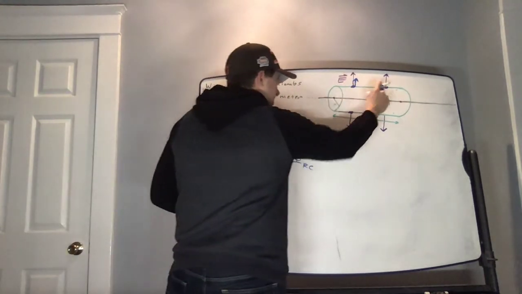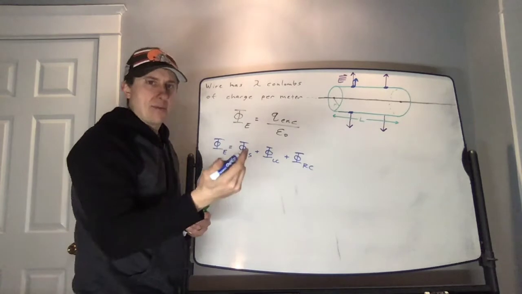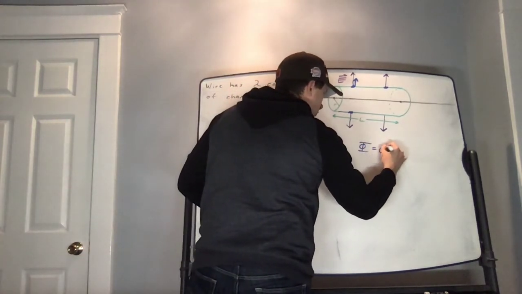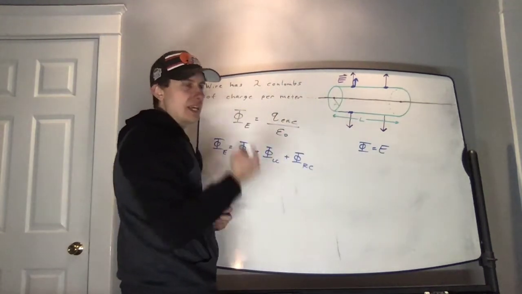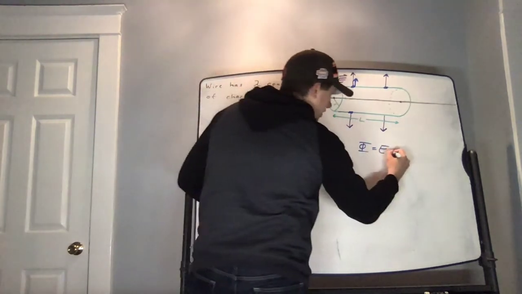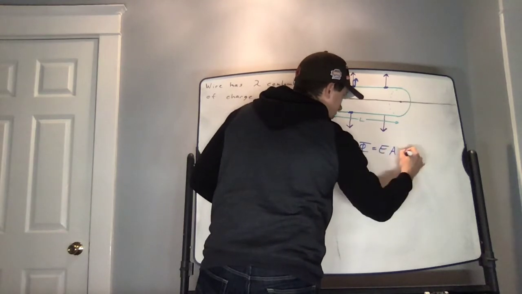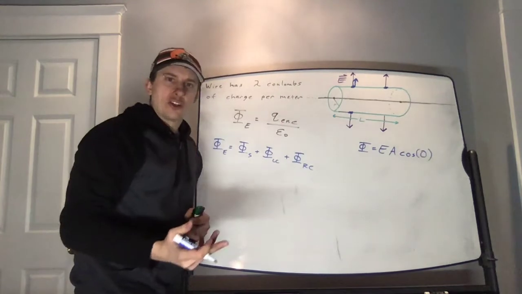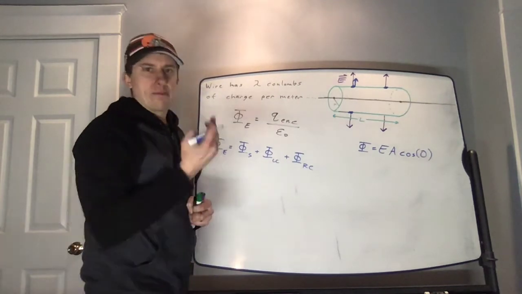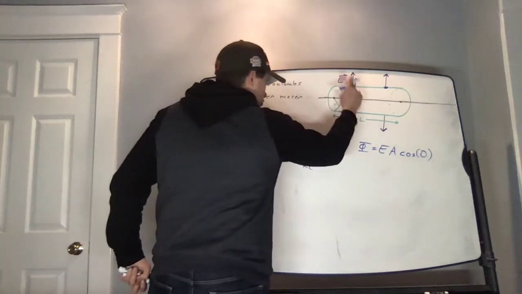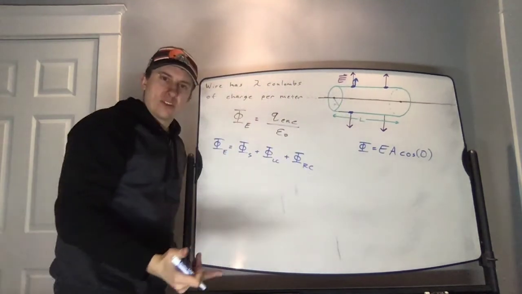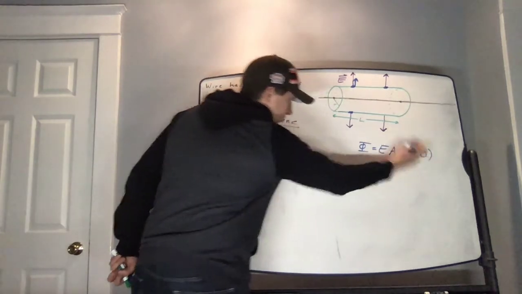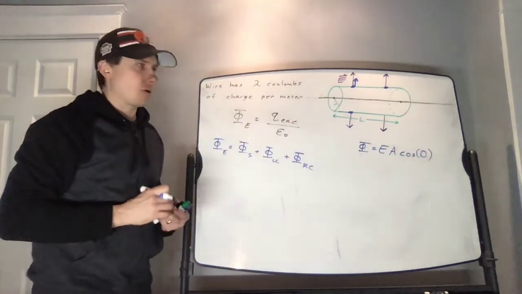So through each of these tiles, no matter where I am on the surface of the cylinder, the flux through that individual tile will be the strength of the electric field at the location of that tile, times the surface area of that tile, times the cosine of 0. The direction of the electric field points away from the wire, and the direction that is perpendicular to the surface of the cylinder points away from the wire as well. They are parallel with each other, that's why I have cosine of 0.